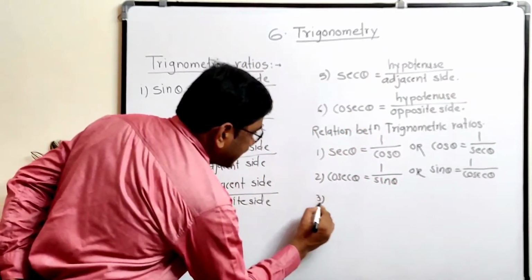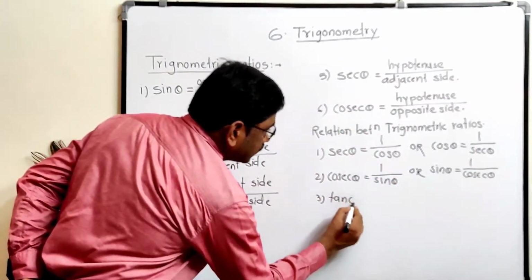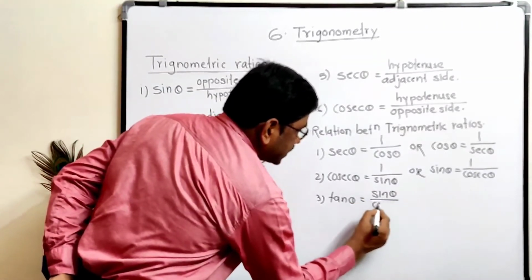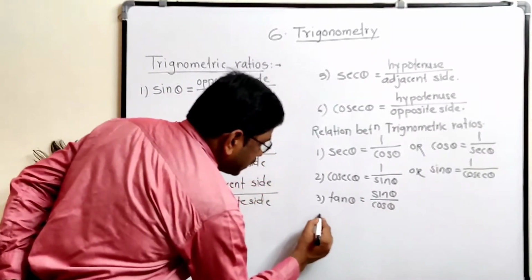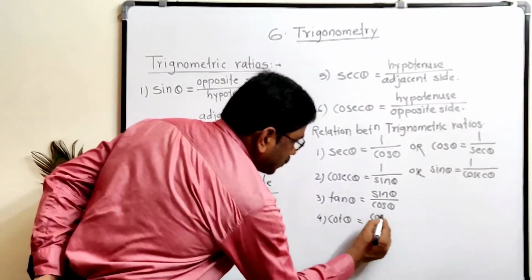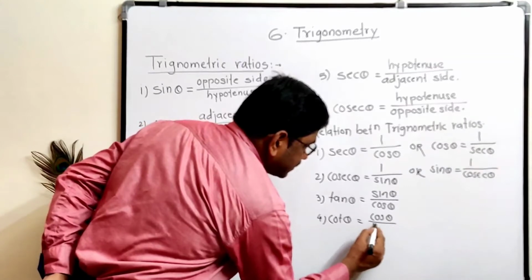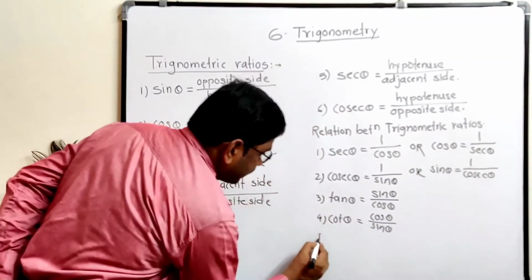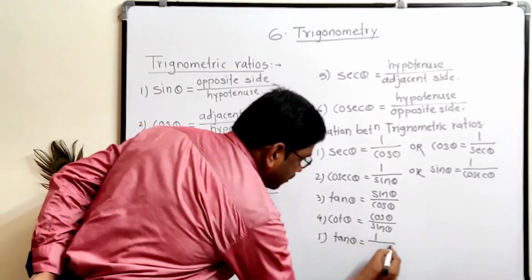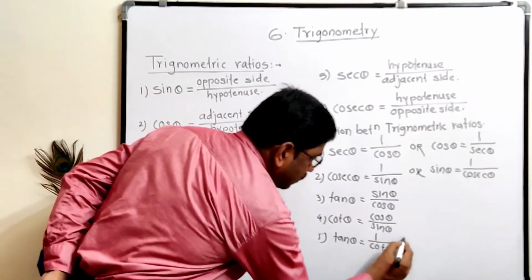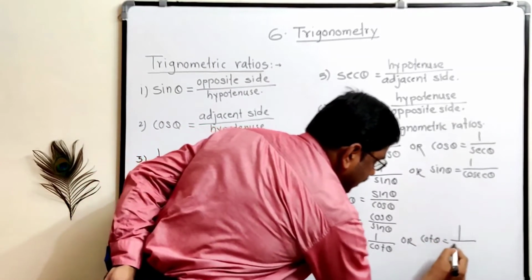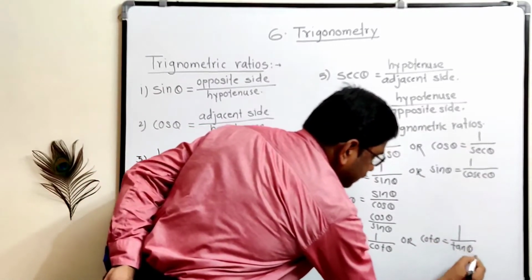Third relation is tan theta is equal to sin theta upon cos theta. Fourth one is cot theta is equal to cos theta divided by sin theta. Fifth one is tan theta is equal to 1 upon cot theta, or cot theta is equal to 1 upon tan theta.